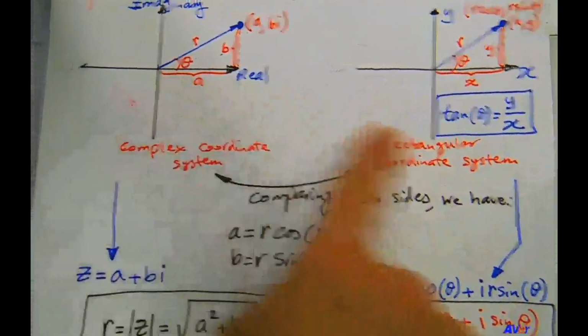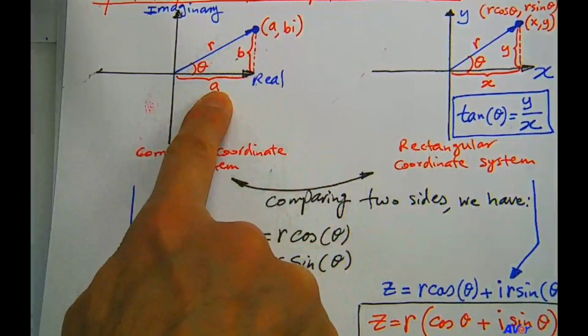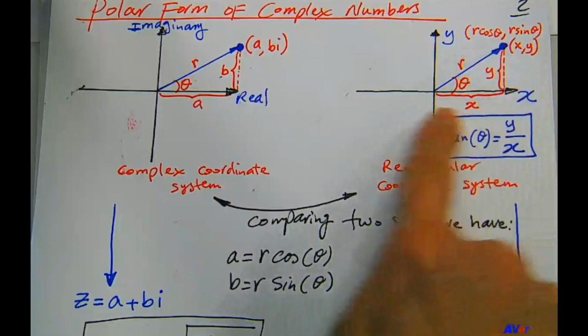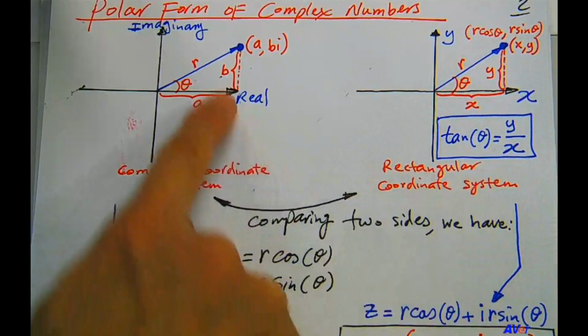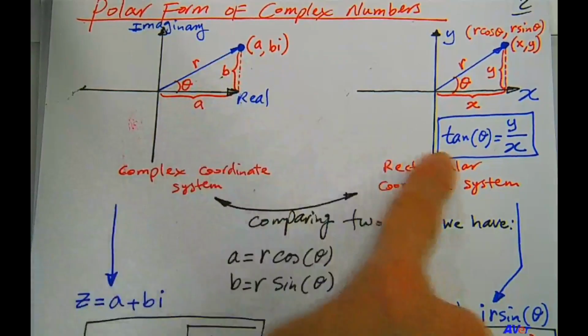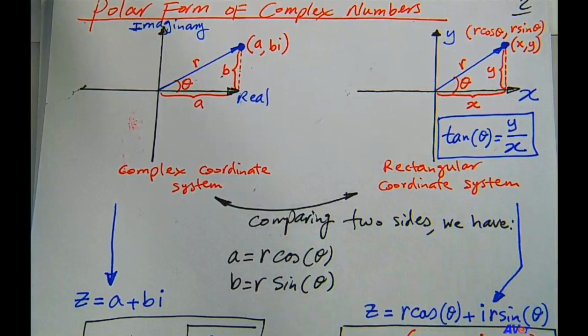If you translate it to this figure, it would be b over a, because tangent theta is y over x, or b over a. So if you know b and a, you can calculate the tangent of theta. All right.